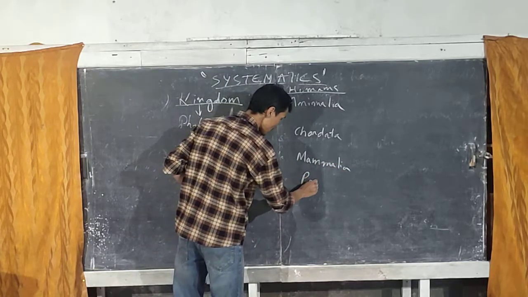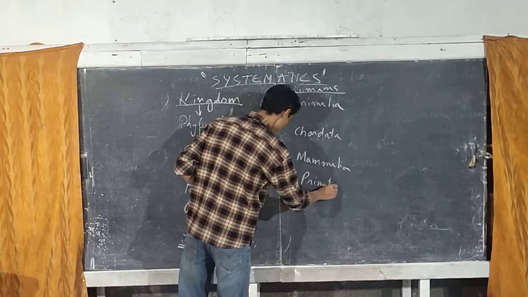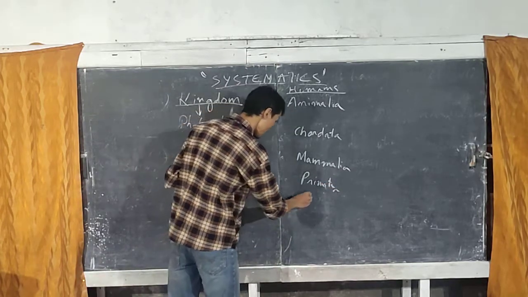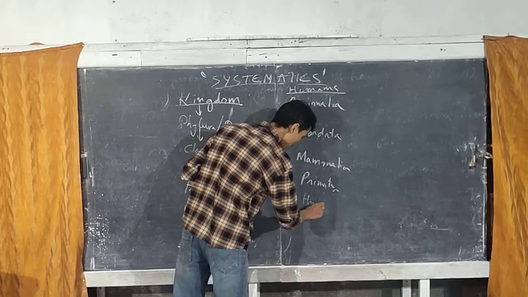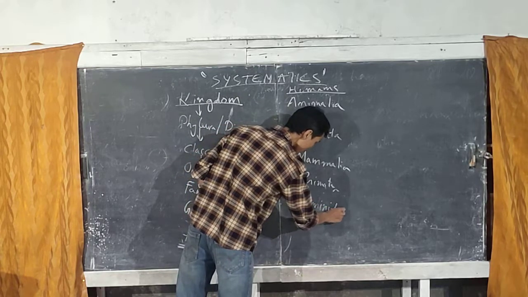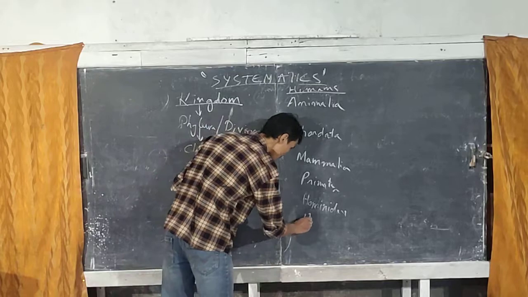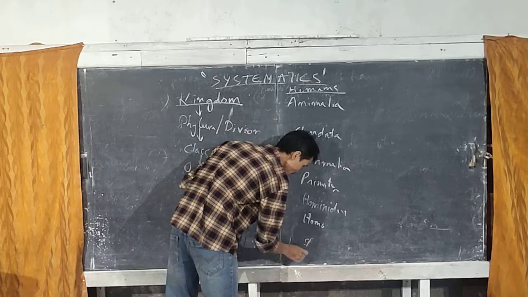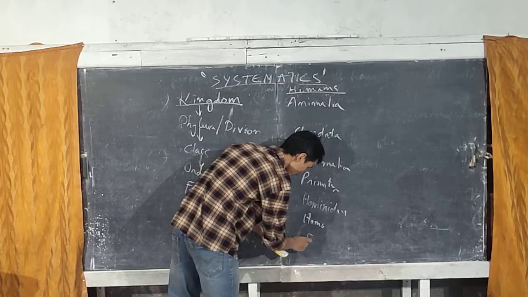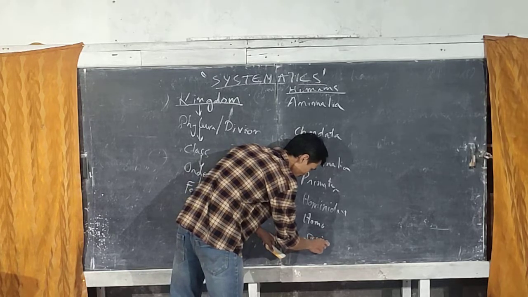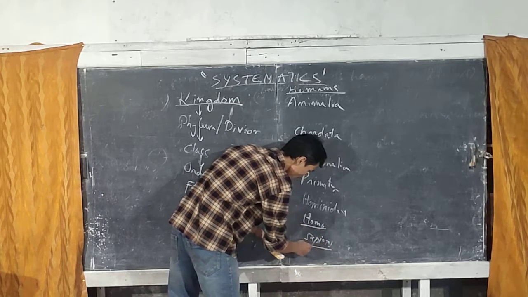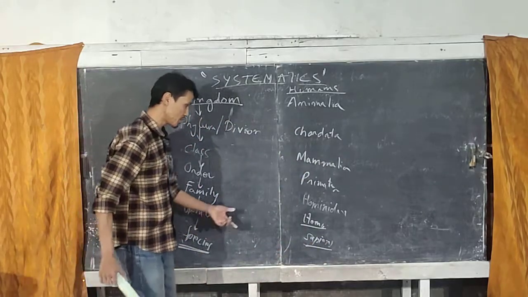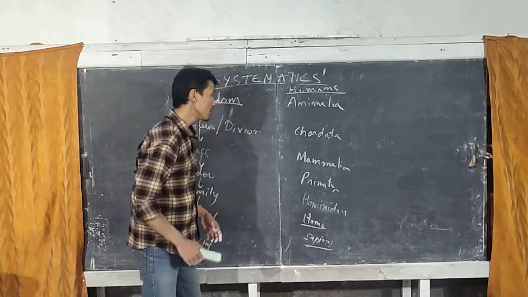Order Primates. Family Hominidae. Genus Homo, species sapiens. Again, following the binomial system of nomenclature, the genus and the species have to be underlined.